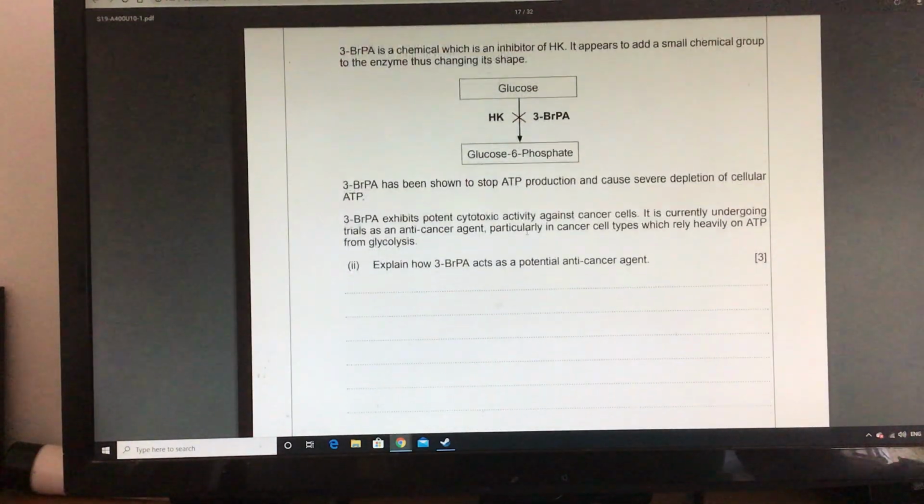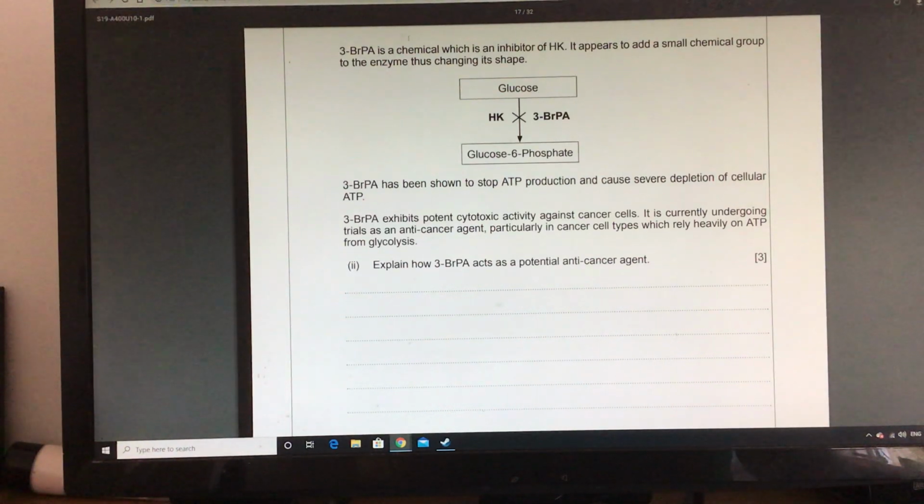Again, it's confusing you with some big fancy compound. 3-BrPA is a chemical which inhibits, in this case, HK, hexokinase. So that very first step cannot take place. A small chemical group is added, you've got a change in shape, the enzyme no longer works. So now this enzyme has a potential use.